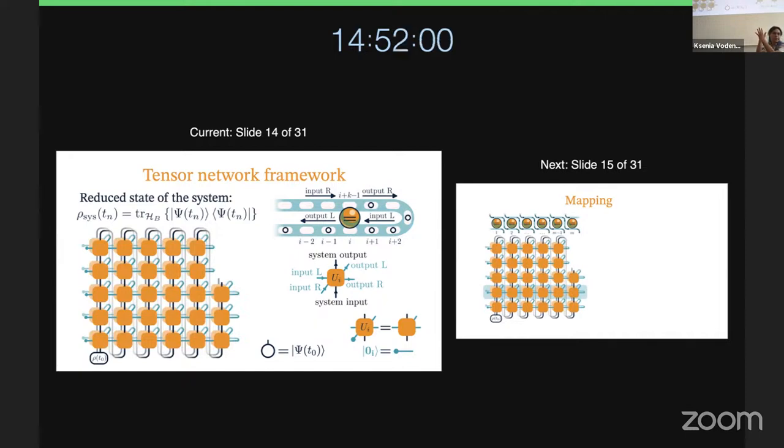So this is our density matrix, right? Two wave functions together. And then I also trace out all the bath degrees of freedom, and these are our light blue legs. You can see they're traced out, and the only thing left is this dark blue leg at the end. This will give us the state of the atom at our time T_n.